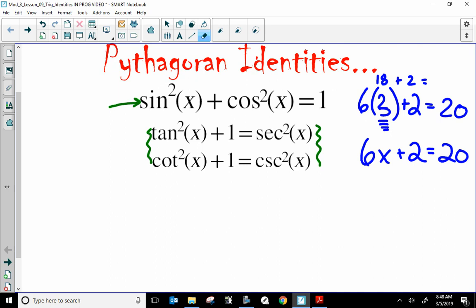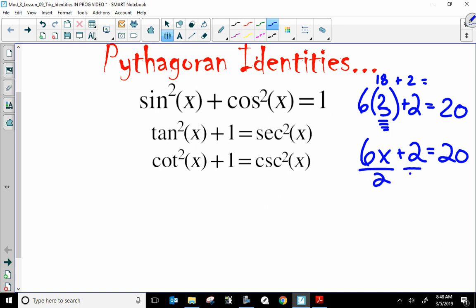But what we are going to do algebraically to get from this equation to these two equations is what I'm about to show you right now. If I have 6x plus 2 equals 20, I know I can divide everything by 2, and my equation should still hold true.